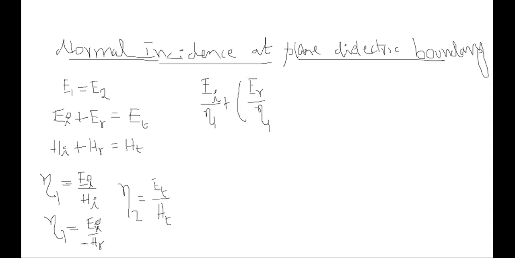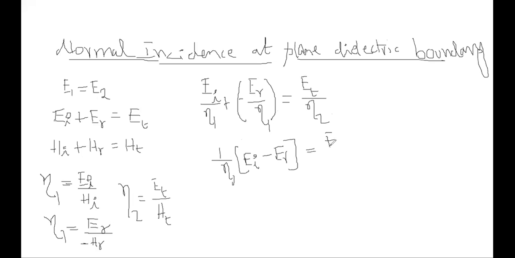So minus ER by eta 1. The minus is equal to, from this equation, ET by HT. HT is equal to ET by eta 2. So 1 by eta 1 into EI minus ER is equal to ET by eta 2.